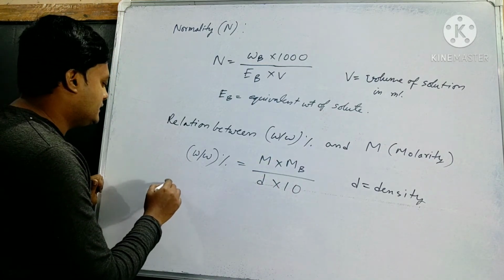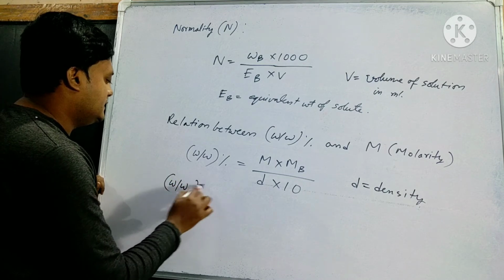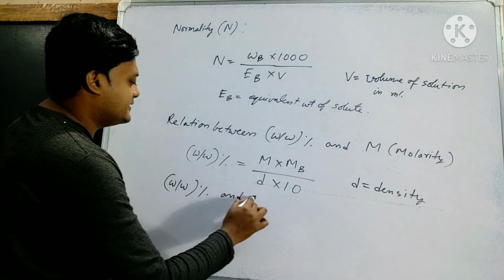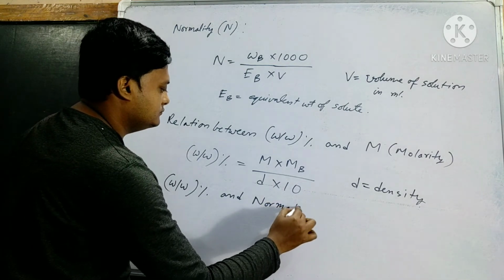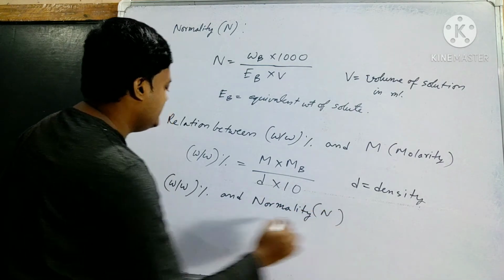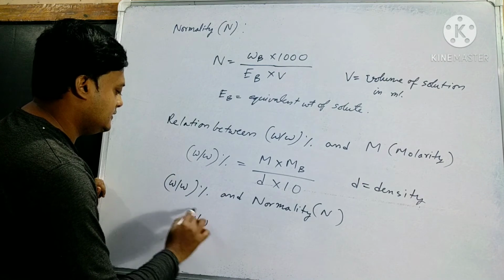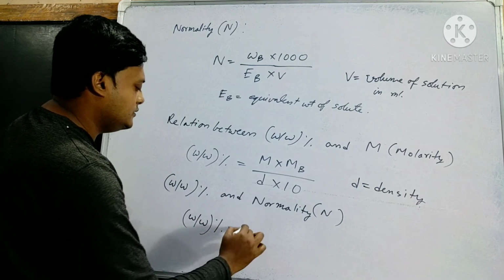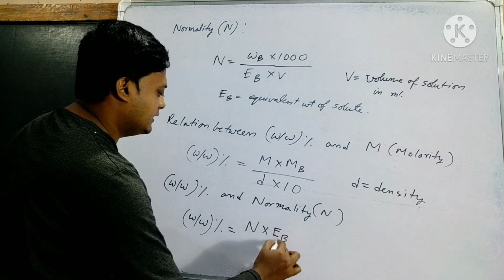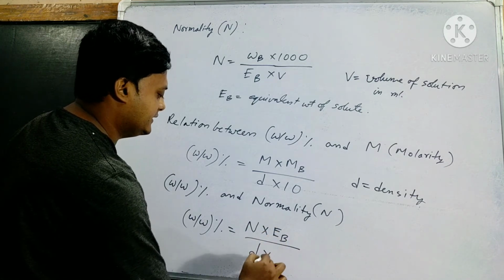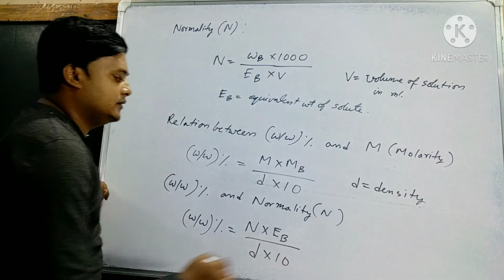Next, the relation between mass percentage and normality, capital N. In this case, mass percentage equal to normality into equivalent weight by D into 10.